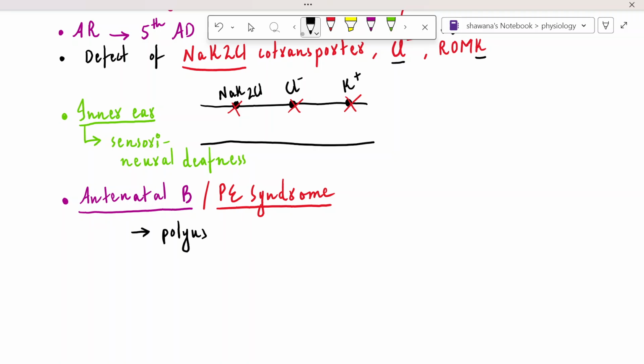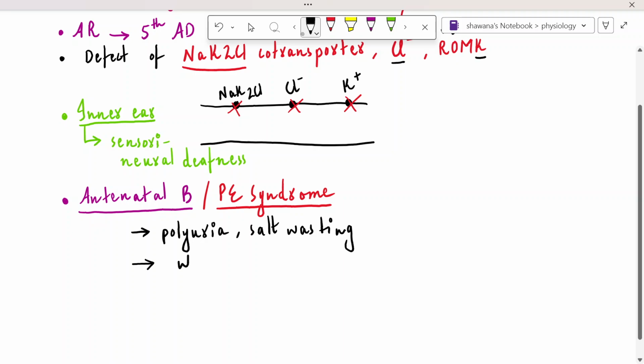Polyuria, salt wasting as well, right? Salt wasting in case of antenatal Bartter. So when the fetus is suffering from antenatal Bartter or prostaglandin E syndrome, the symptoms are the same as the Bartter syndrome that is common in children after birth, right?